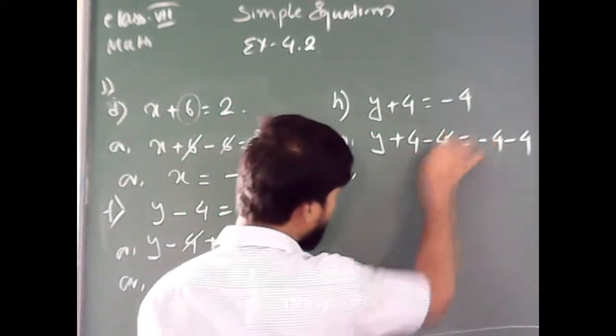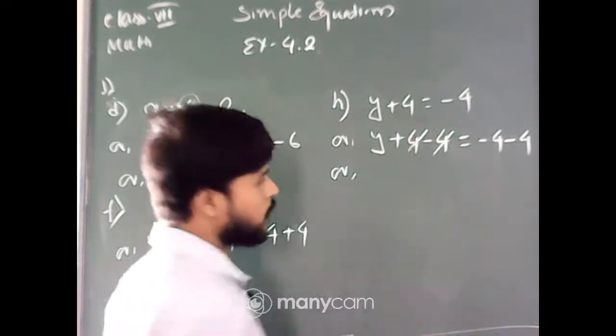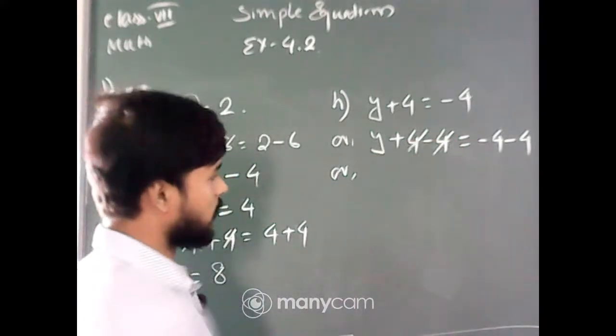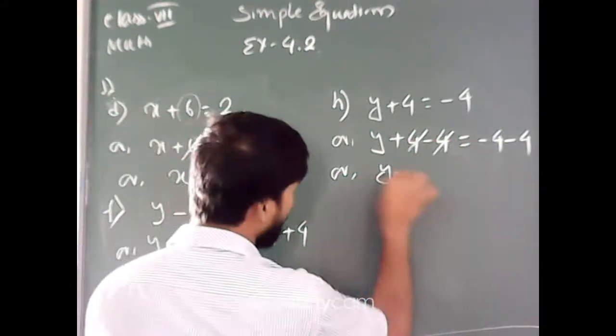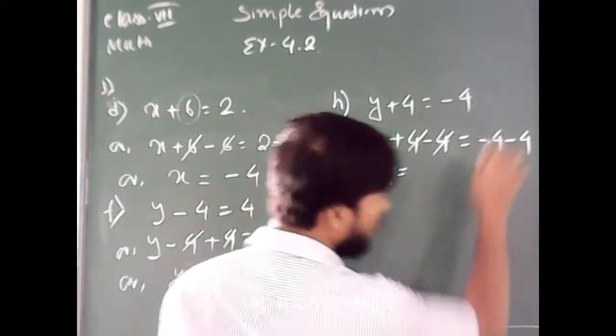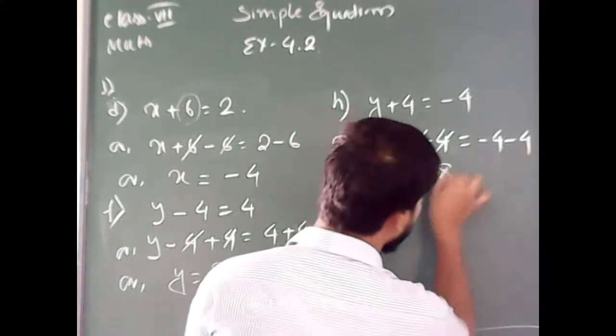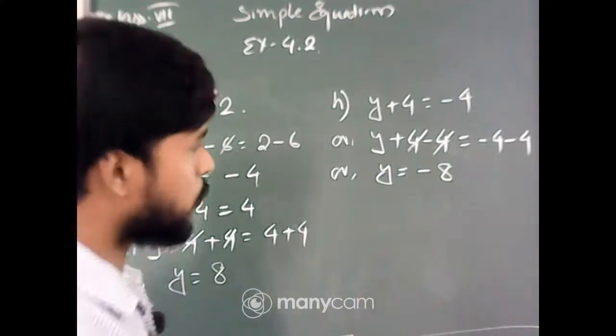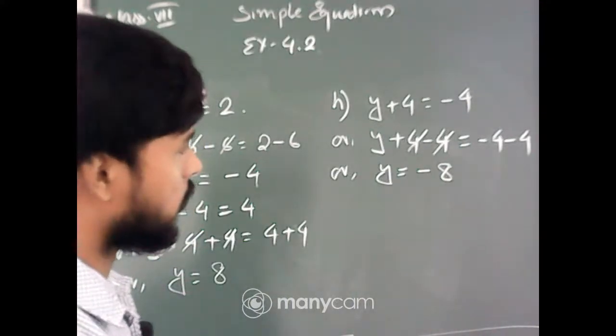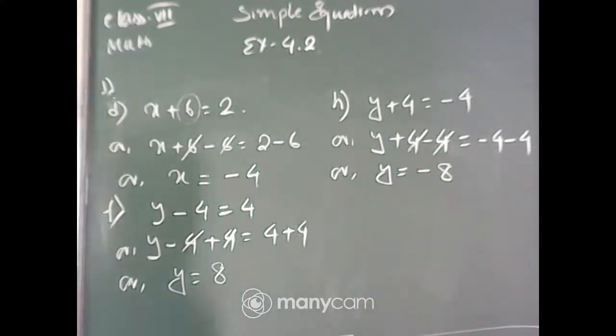From the left hand side, this plus 4 and this minus 4 will cancel each other. That means y will be equal to minus 4 minus 4. The result will be minus 8. Yes, very good, the result is minus 8.